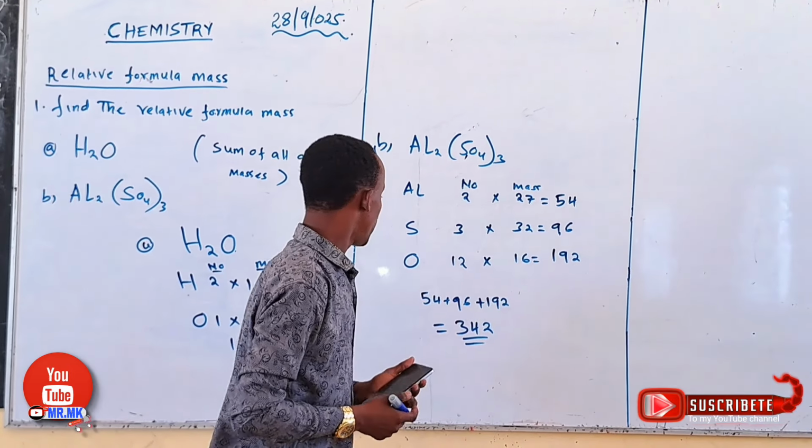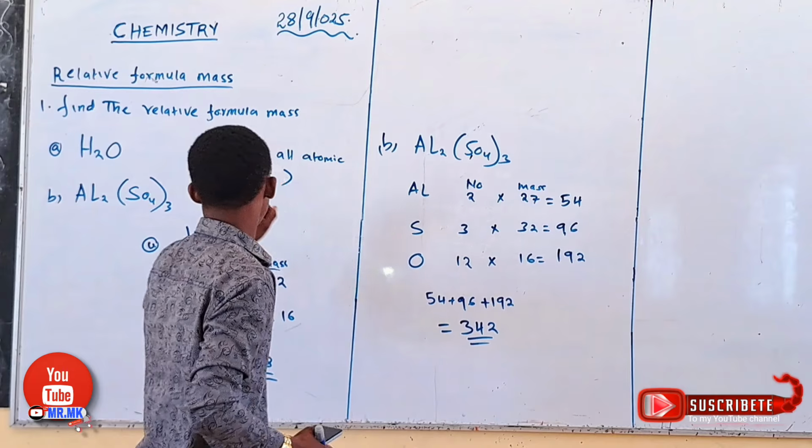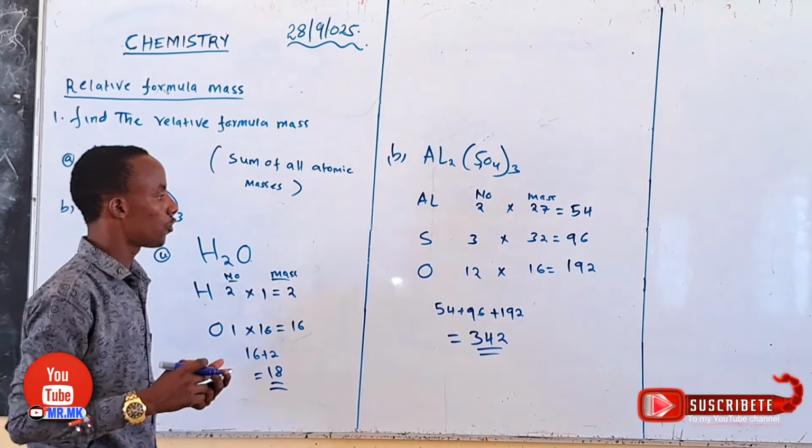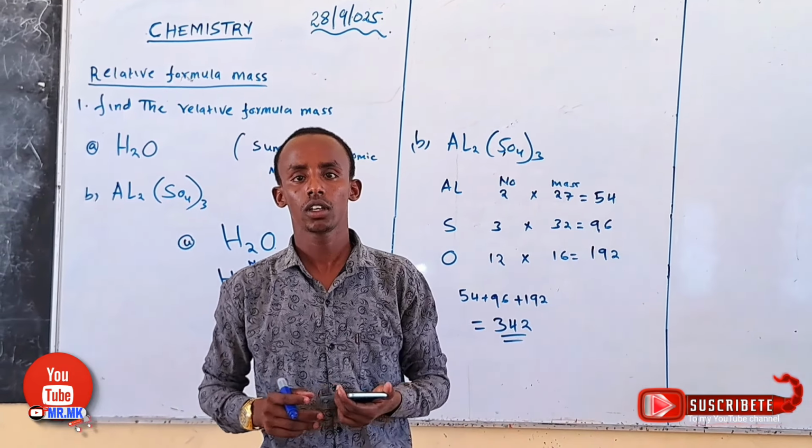That will be the relative formula mass of aluminium sulfate.